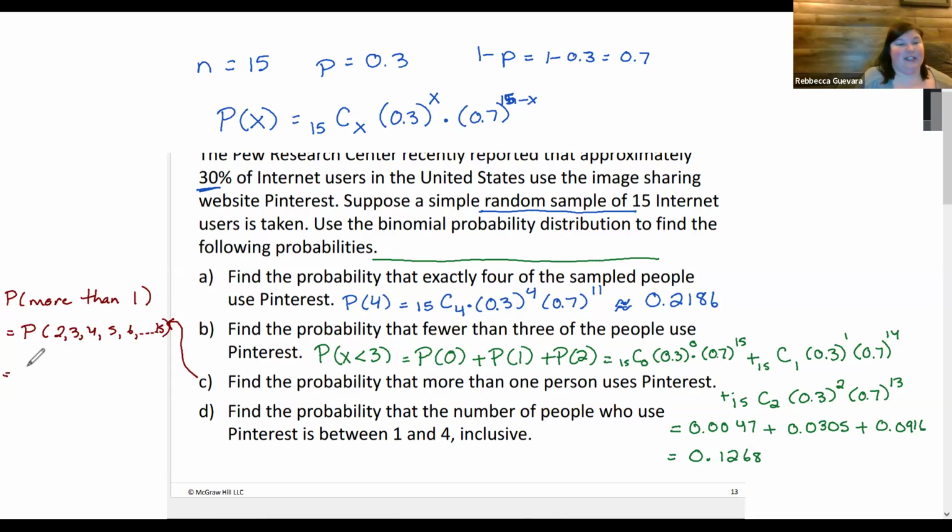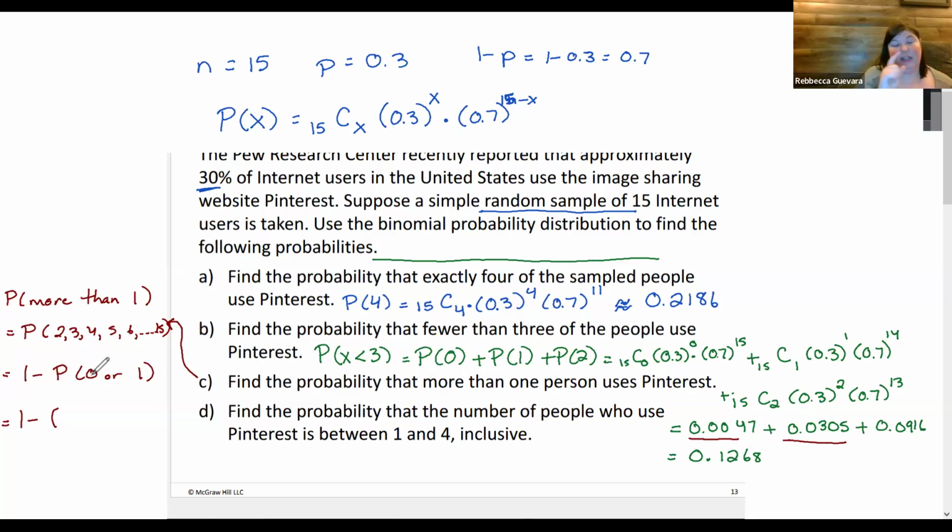Or the opposite of that is that we don't have 0 or 1 person using Pinterest. So we do know the probability that one person uses Pinterest and the probability of 0 people as well.